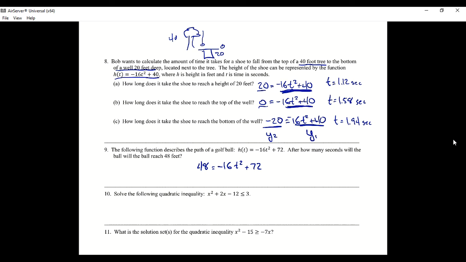So let's take our 72 over to the other side. We'll subtract 72 from both sides. See, even every once in a while, gotta check your work. 24.